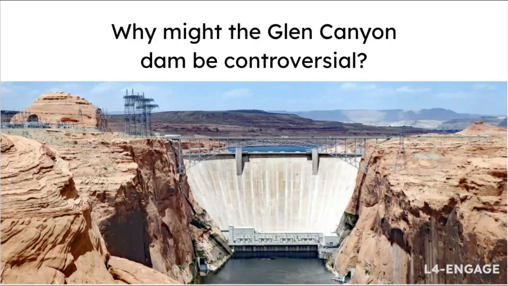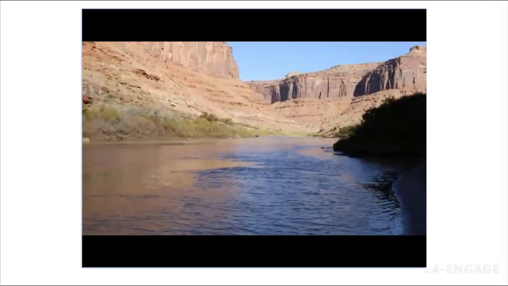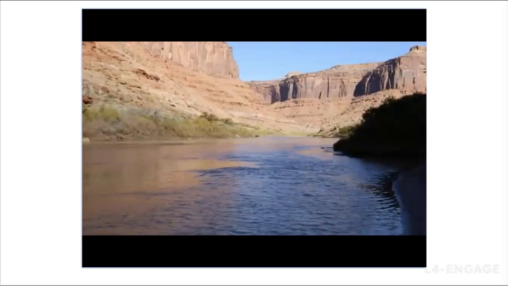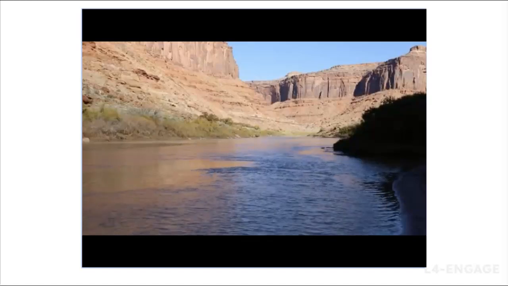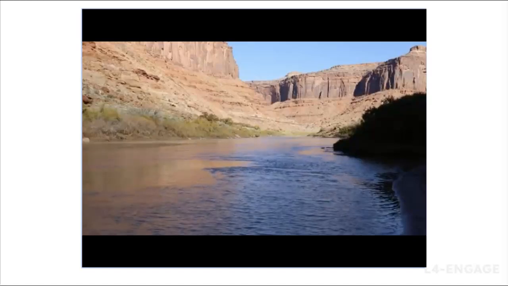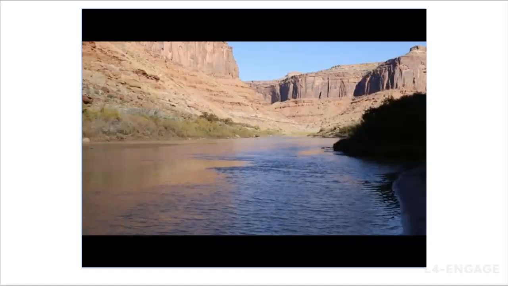You'll play the video and podcast again and ask students why they think the Glen Canyon Dam might be controversial. Students should write any questions on Post-it notes to add to the driving question board. You'll then play some videos of the canyon area and river and ask students questions about the effect the dam may have on the river and what they think it may have been like before the dam was built.